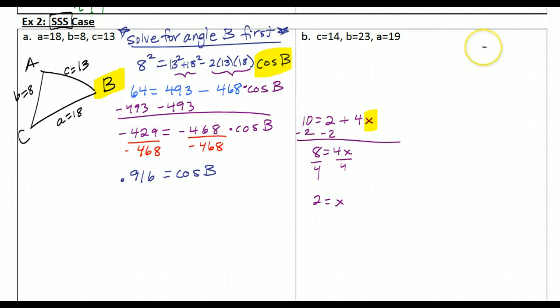And so I just want to point out, same exact steps as what I did on this little side problem. I added or subtracted something first, then I divided something. Added or subtracted that, then I divided. Now, I do have one extra step right now because I know what cosine of B is, but I'm trying to find what regular B is. So I'm going to cosine inverse to get rid of the cosine, and I end up with angle B is approximately 23.6 degrees. So we'll say 24 degrees.